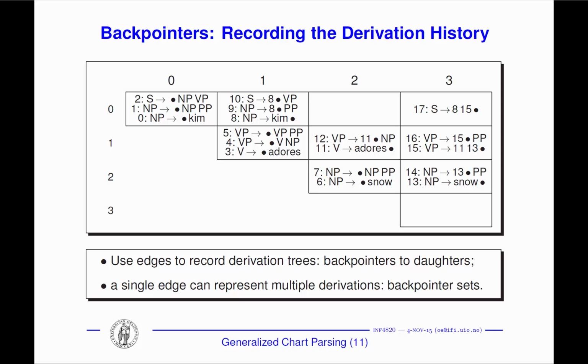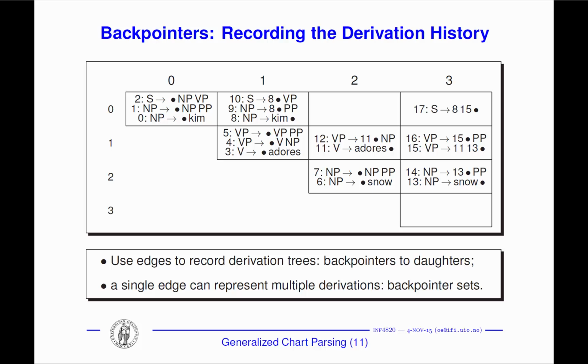I can chain down these backpointers, pull one of the edges out, and then follow all edges that are linked to it by backpointers. And that will effectively be a tree. And that tree will be composed entirely of passive edges because only those correspond to complete subtrees.